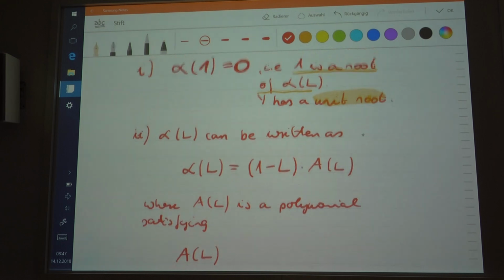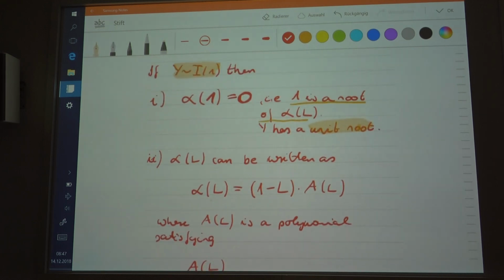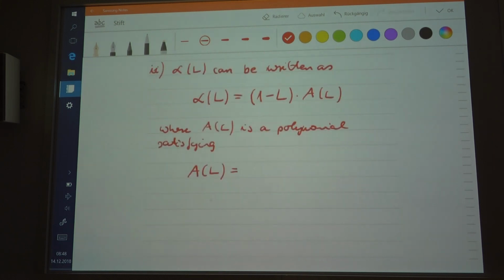Now, if alpha is a polynomial of order p, then capital A will be a polynomial of order p minus 1. Obviously, in this case you can write it like that.